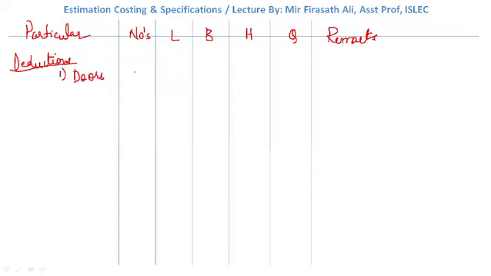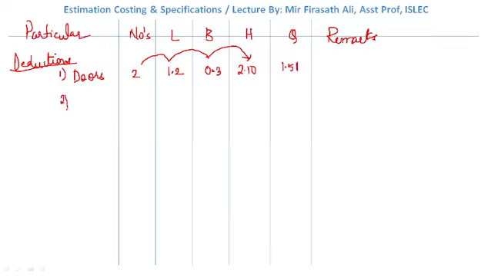How many doors for 2 bedrooms? 2 doors. What is the length? 1.2. All these details will be given in the plan. What is the breadth? We are talking about wall thickness, 0.3. Height is 2.10. If you multiply these 4 quantities, we will get the value as 1.51.